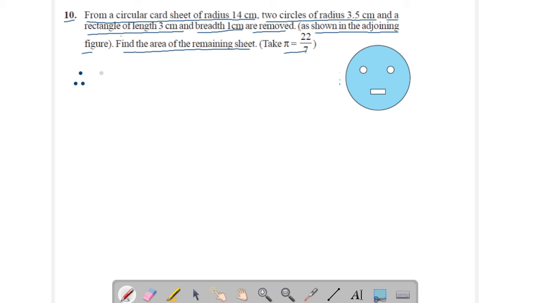Therefore area of rectangle equal to length into breadth. Length is 3 centimeter. Breadth is 1 centimeter. Multiply it, you will get 3 centimeter square.